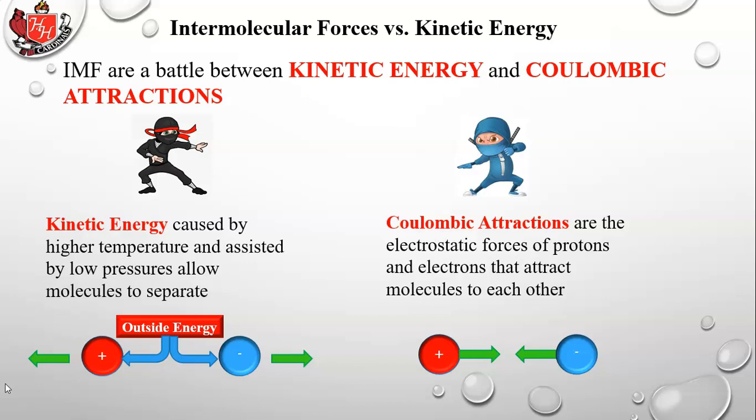That's fixed by the structure of water molecules. But the kinetic energy overwhelms the Coulombic attractions, and the water molecules can break apart and float off into the atmosphere as steam. So this is really the essence of what intermolecular forces are about. This battle between the Coulombic attractions of the molecules and the kinetic energy that's coming from the outside to shake them apart or to make them come apart.